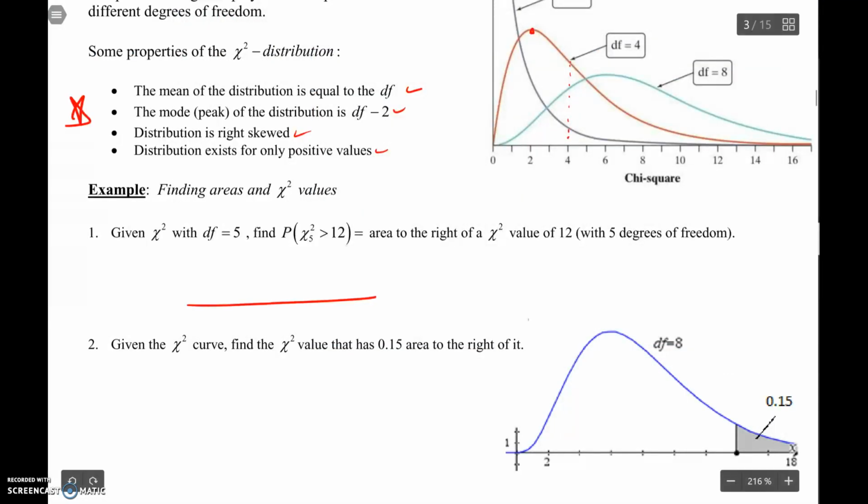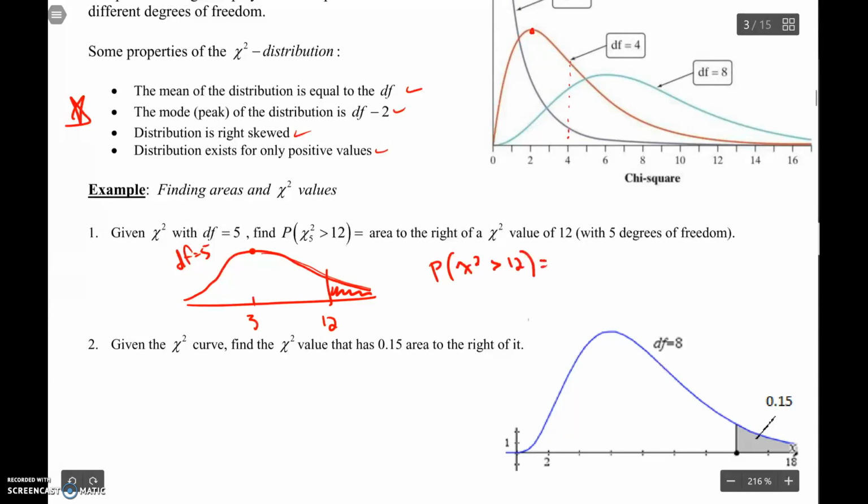So if I got 5 degrees of freedom, so the mean is at 5, the peak is going to be at 3, skewed to the right. Find the probability that your chi-squared is greater than or equal to 12. So if 12 is here, it's the area to the right of 12. So we can still draw this picture, we can still label the cutoffs, and we can still find the probability that your chi-squared is bigger than 12.